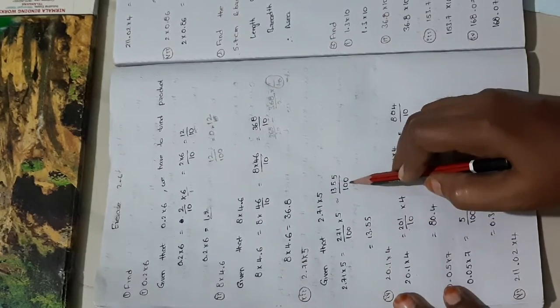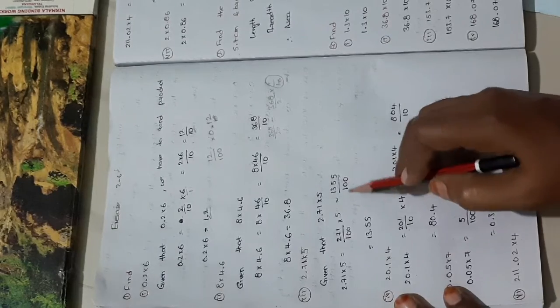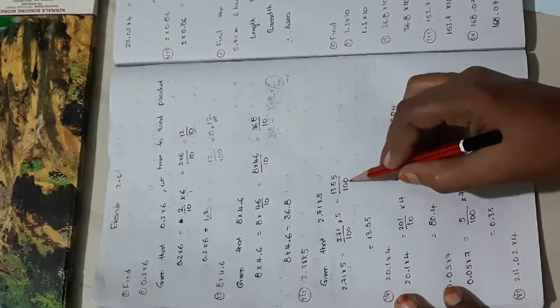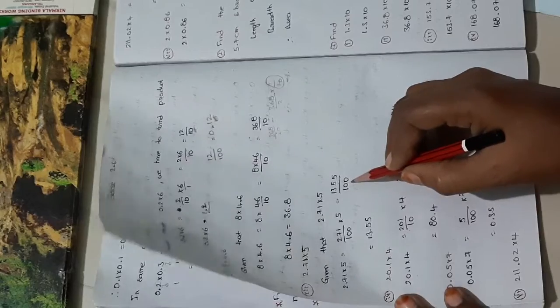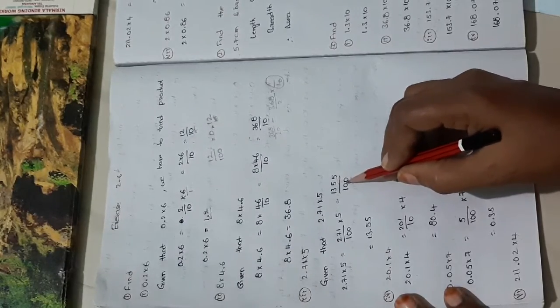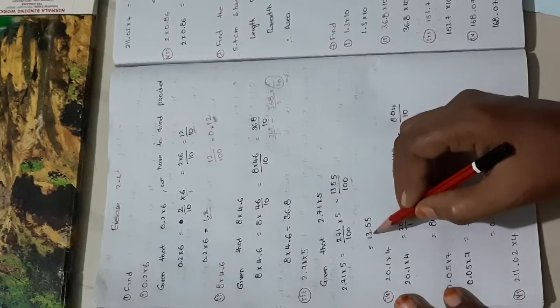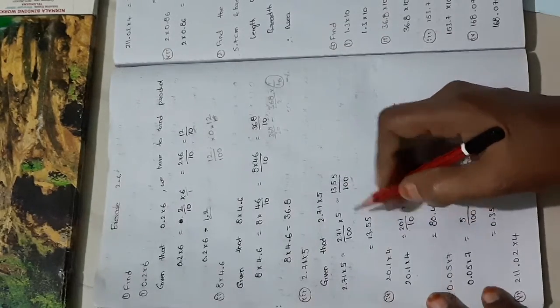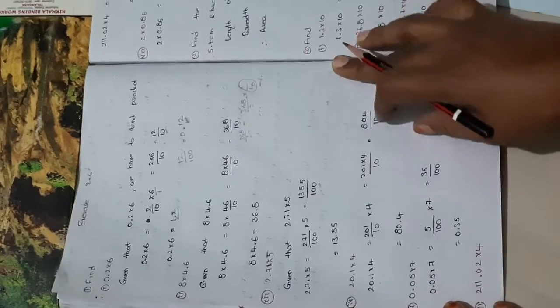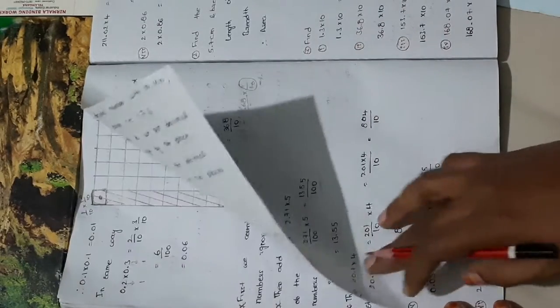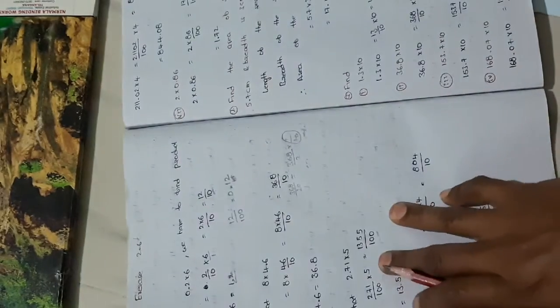After multiplying the denominators, we get 100. And then we put the decimal point. In this denominator we have 2 zeros, so we put the dot after 2 digits, that is 13.55. In this similar way you can find the product of the remaining problems also by using this concept.